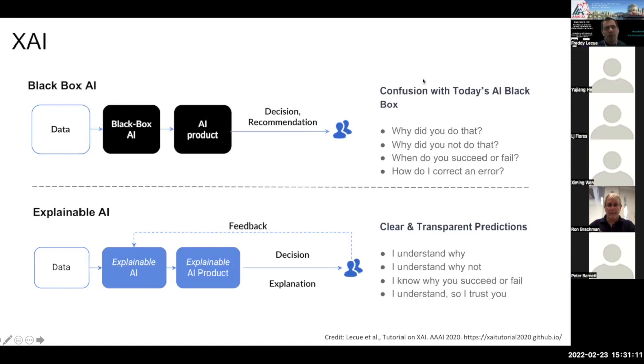And with explainable AI, you now have the data, you still have the model, but it's explainable. That means when the user gets the explanation, they can provide feedback on it. That feedback could be, well, it's not normal that the quality of the model is so bad on a particular population, and the explanation might be because of features which are underrepresented, or maybe some correlation which is found which is not right, because maybe some of the data is missing.